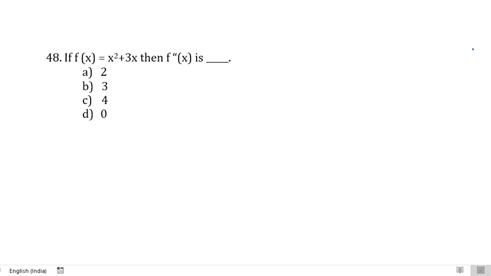f(x) is given and I need to find out f double dash x. What is f double dash x? This is called the second order derivative. So first of all, let's find out the first order derivative.